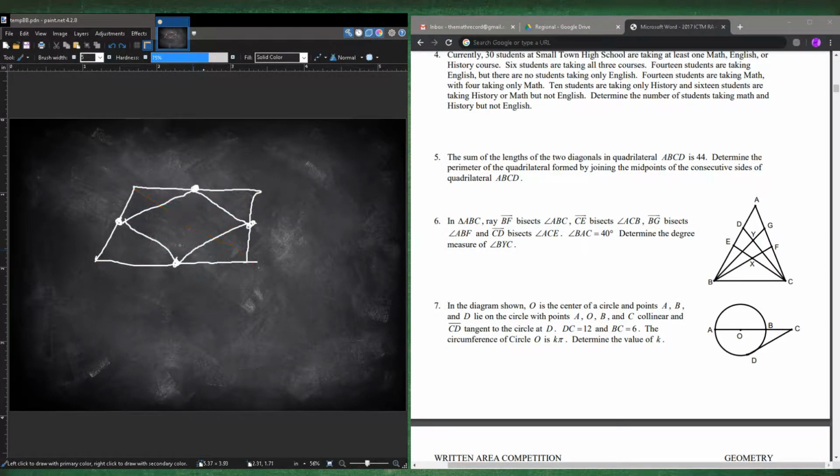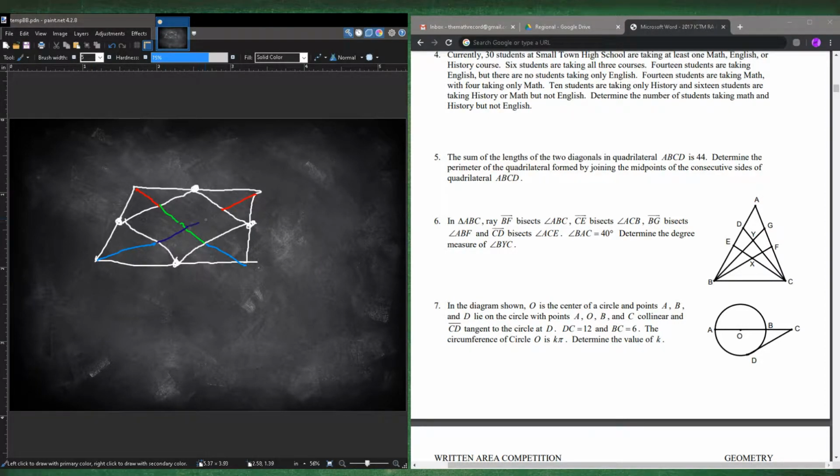Let's use different colors to see what's happening. If we have something like this, I'll use red again, then blue, then green, then two more colors, purple.